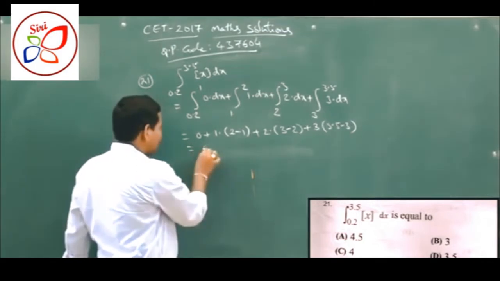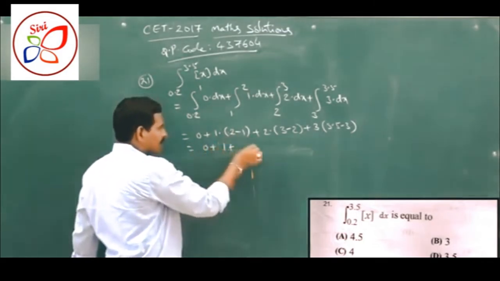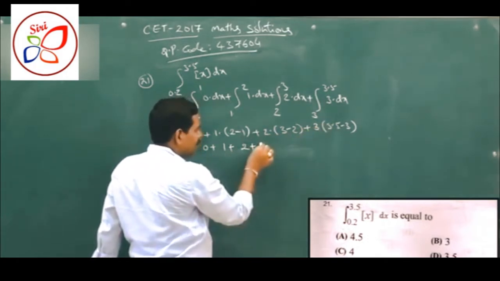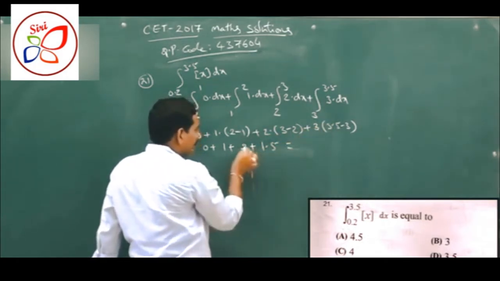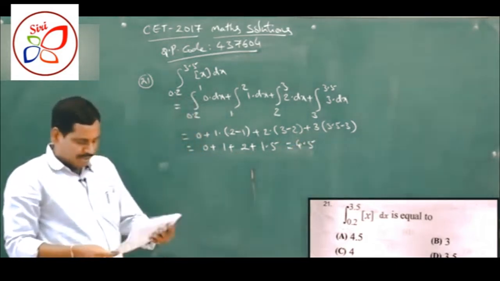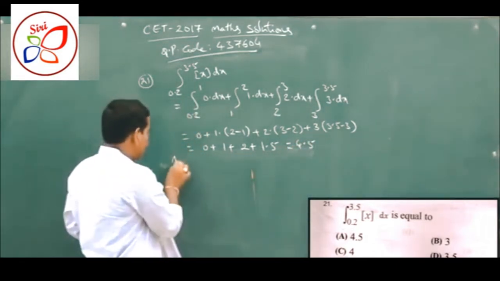So this is equal to, first one is 0, second one is 1, third is 2 into 1, 2, 3 into 0.5, 1.5, total 4.5. So the option is first option A.